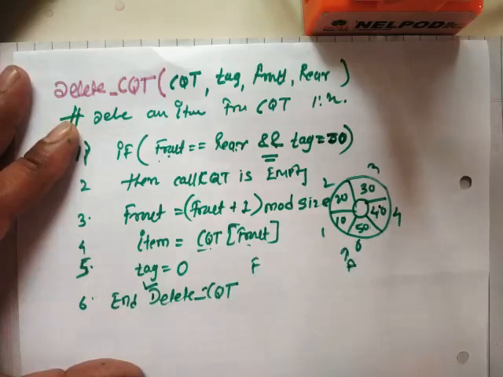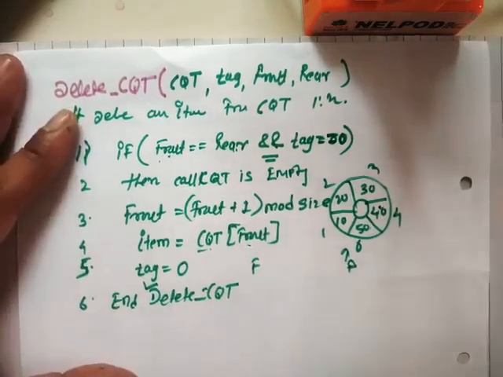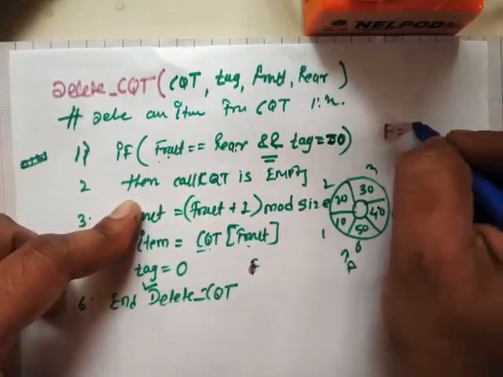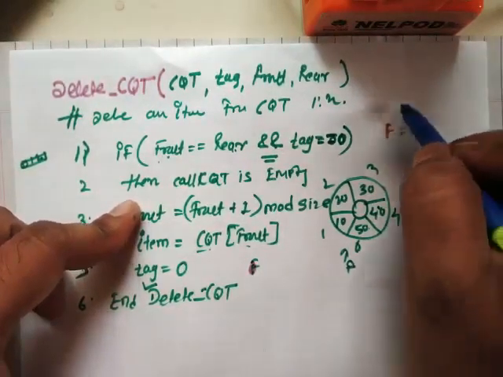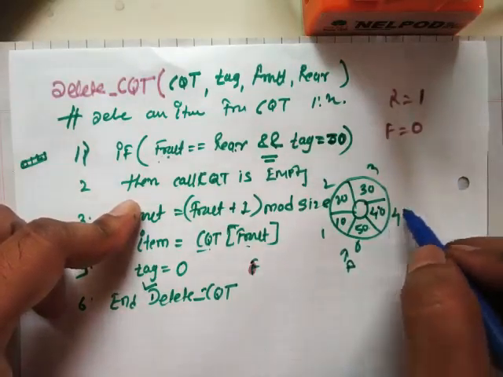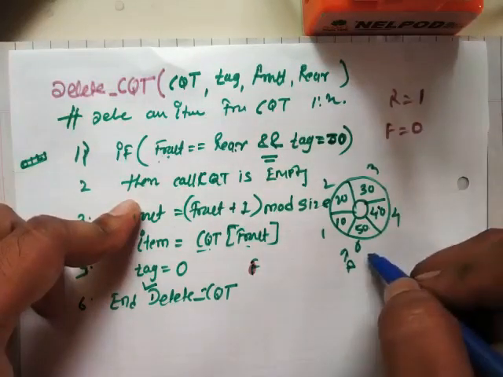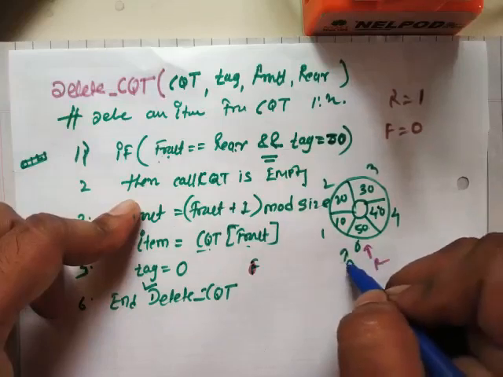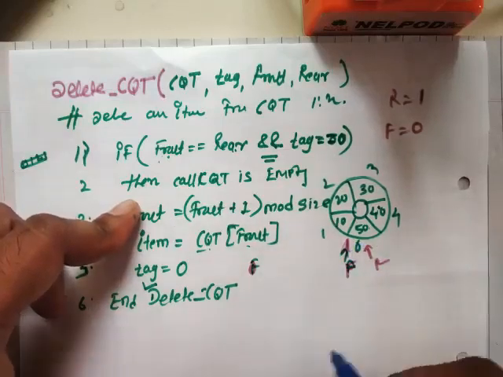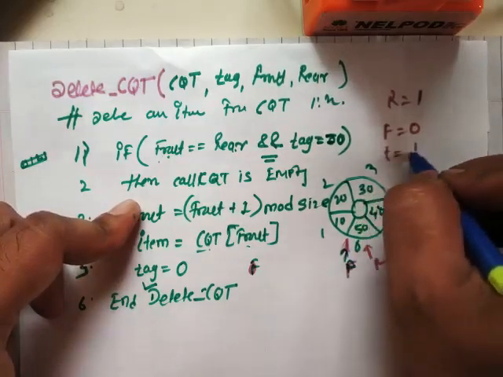What are the variables' values? Front is equal to 0, and rear is also pointing to index 0. Front is also pointing to index 0, and the tag value is 1.